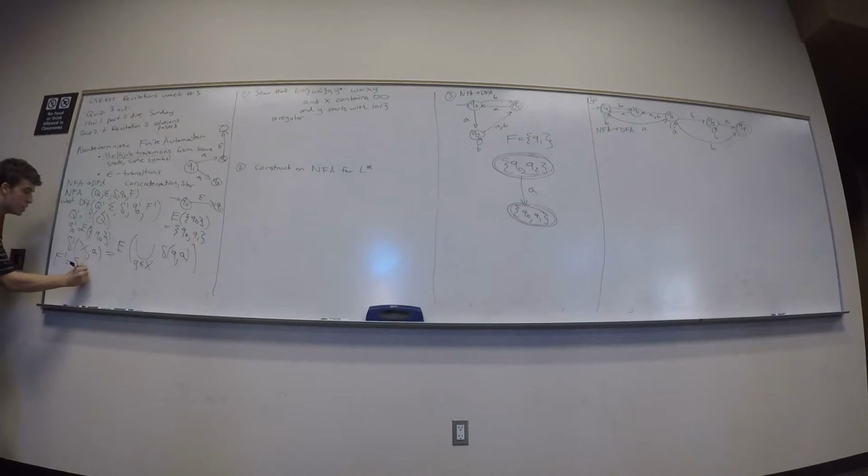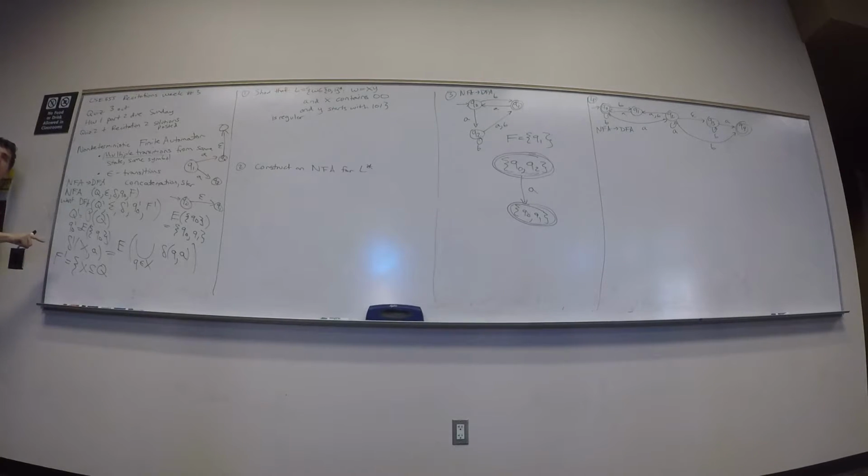So what should I do here? I should look at all subsets X of the set of states of the NFA. So what is X in the DFA? X is a set of states in the NFA. What is it in the DFA? It's a single state, because a state represents a set in the NFA.